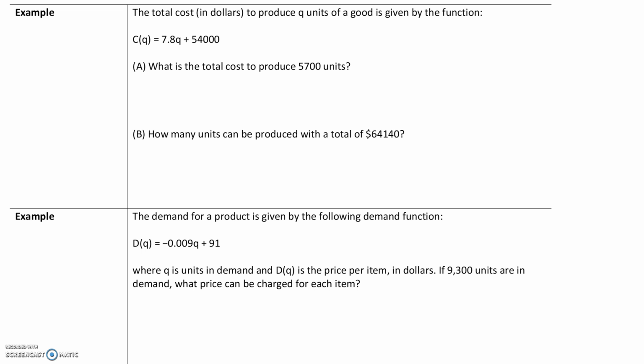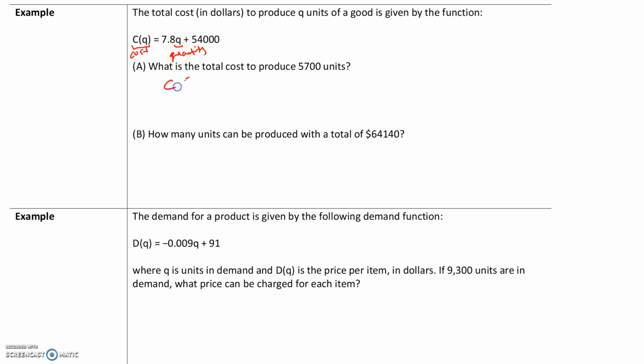Here's an example. The total cost in dollars to produce Q units of a good is given by the function C of Q equals 7.8 Q plus 54,000. So we always have to understand what each of the variables mean. C of Q is the cost, and Q is the quantity. What is the total cost? So we're looking for C of Q to produce 5,700 units. Remember, Q is the number of units produced.